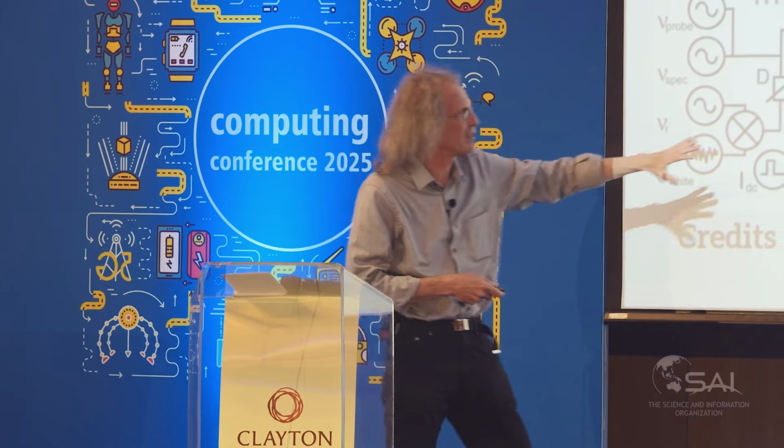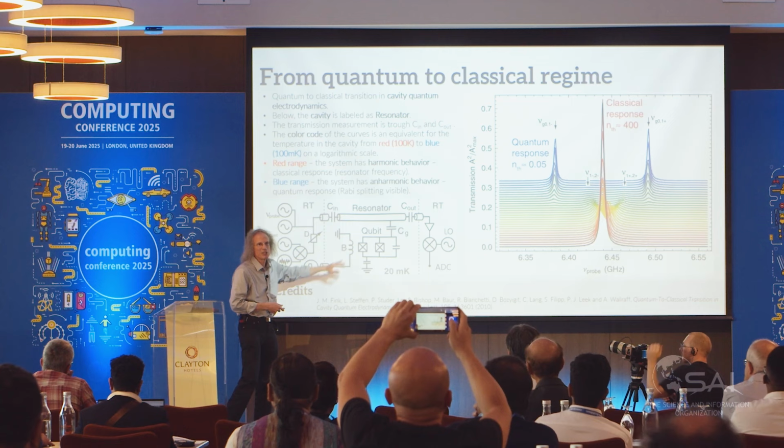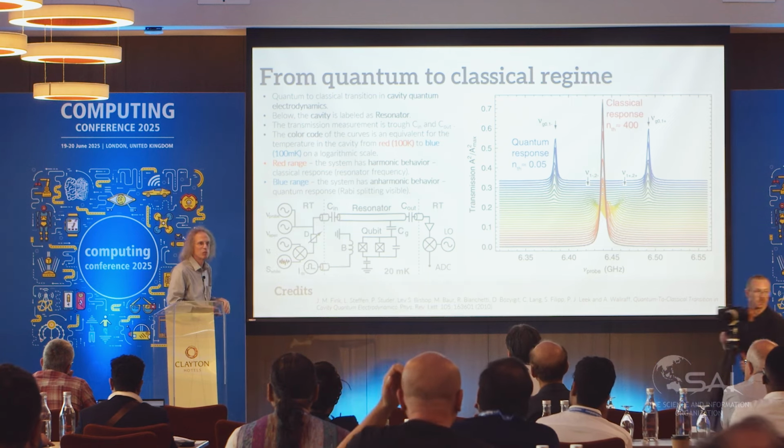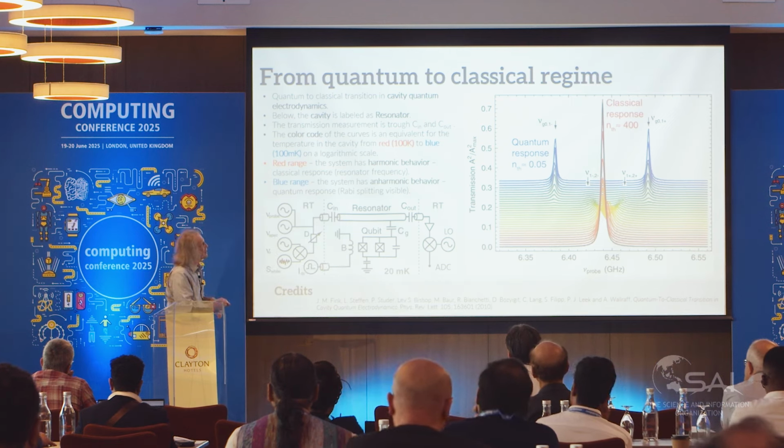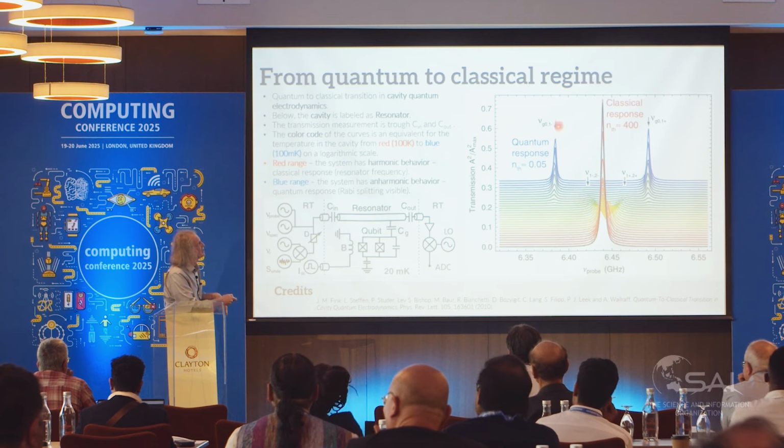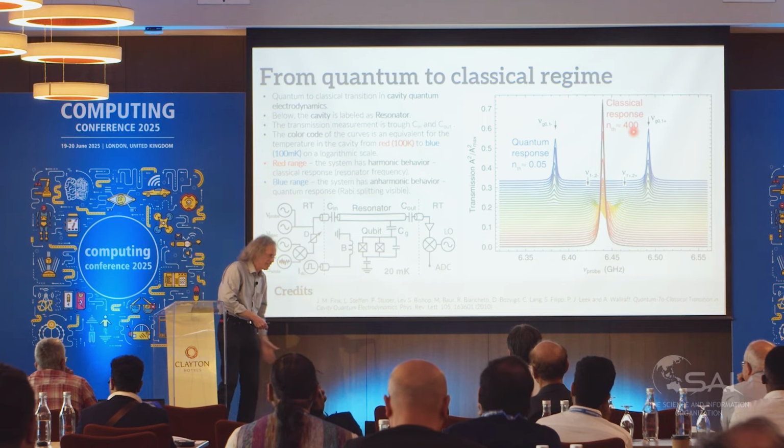There is a lot of time for this wave packet to interact with the qubit and to get modulated. So in the end, below 100 millikelvin, you just will see these two peaks, and that is what the spring between the two pendulums is doing.